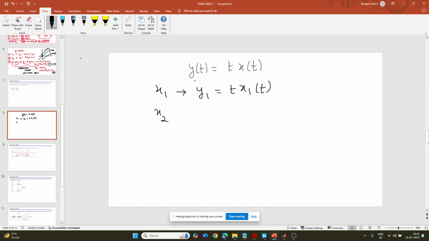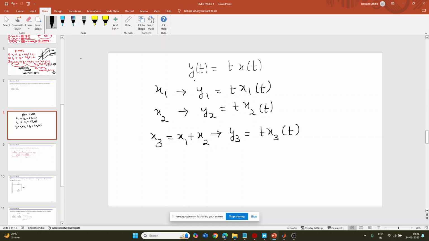Another person applies input x2, you will get output t x2 of t. Another person, x3, is coming; he applied the input x3, which is the combination of x1 plus x2, and he has to get an output y3, which is t into x3 of t.